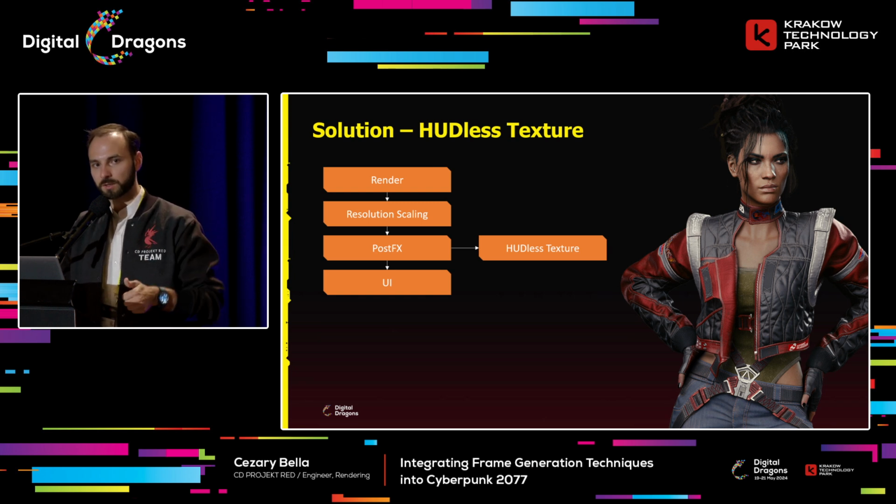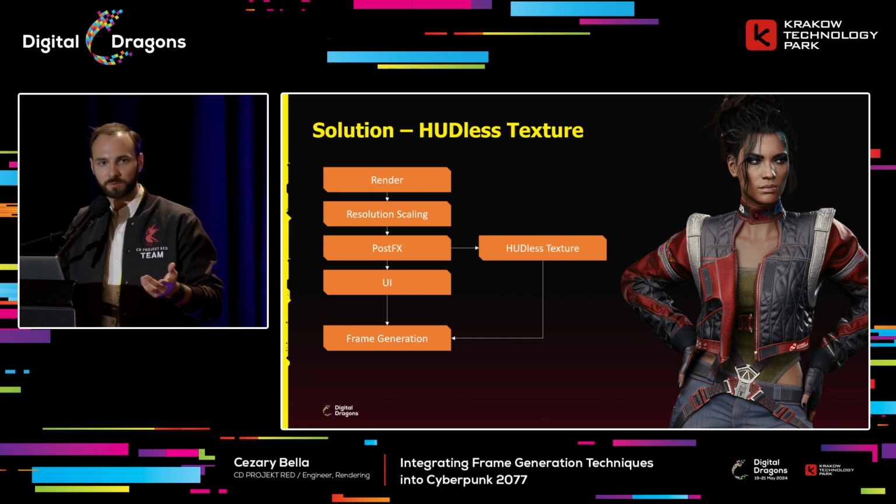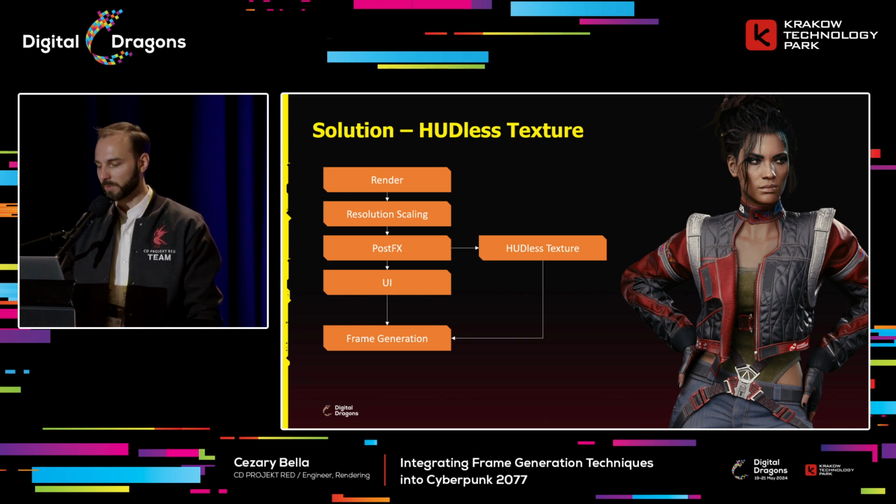Yeah, we've got tone mapping, we've got all the post effects, but it just doesn't have a UI. And then we're just feeding that into the frame generation, and yeah, boom, we're good to go, right? Because then the frame generation does the magic inside its composition function and basically compares the final texture with the UI that it got from the game with the headless texture that we also provided, and yeah, it just does the magic, right?